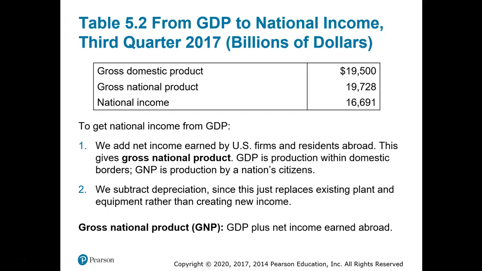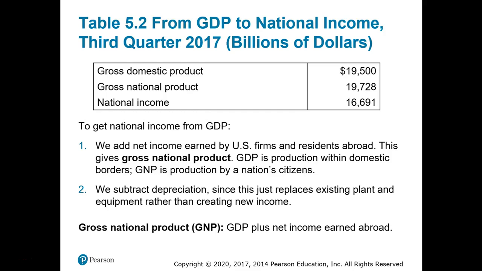But there's a catch. For the national income, we just have to take something off to get that national income itself. Product-wise, we can figure they should be basically the same, but the income is the money side of it. We add net income earned by our firms and our residents, and that gives us the national product. As long as it's within our borders, we call it GDP.